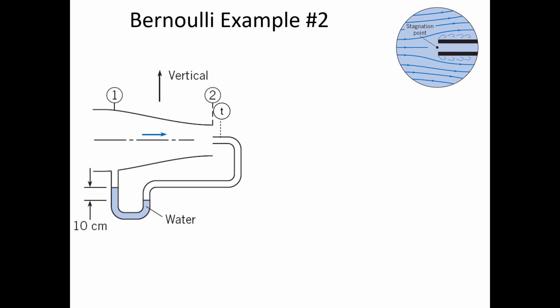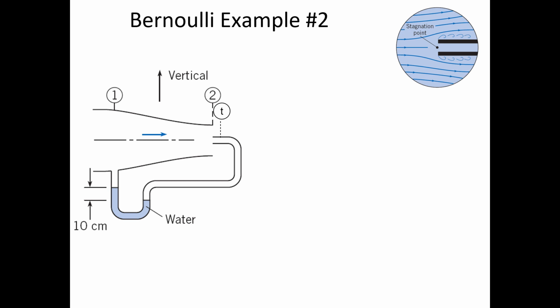So what we were seeing is that there's more pressure at 1 compared to 2, and that's what's causing this delta H. Like it was pushing harder on the left. So think about that there's more pressure at 1, and so it's pushing harder on the left side than the water is pushing on the right side. And so that causes the manometer fluid to be deflected downward on the left. So this is what we saw before.